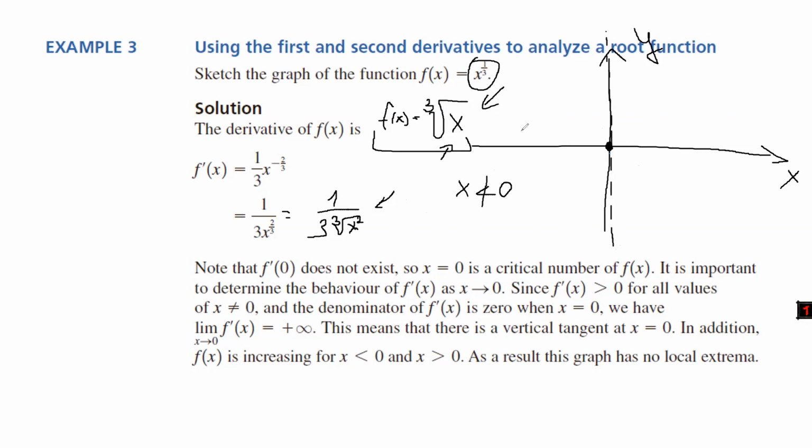Right now, it's really important for us to determine how the first derivative behaves as x approaches 0, because x equals 0 is a critical point. It's a first derivative test. After we define the critical point, the next step is to find test points. You would find points near 0, left or right, but in this case it'd be right. Plug it in and see where it would land on the y value.